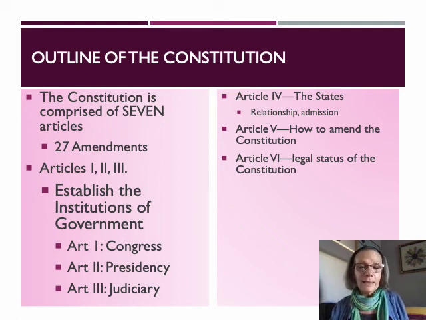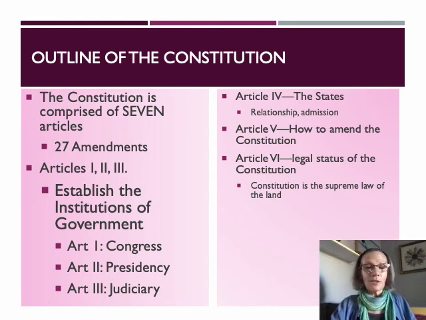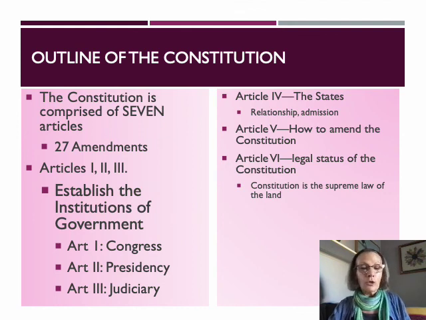Article 6 has to do with the legal status of the Constitution. When you read through Article 6, which I encourage you to do, it basically says that the Constitution of the United States is the supreme law of the land, and that really needed to be stated since we had just moved out of a confederation. It's basically saying that federal law trumps state law.